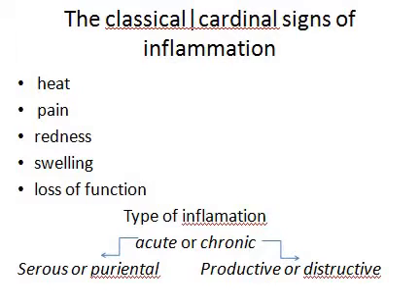On the other hand, chronic inflammation is characterized by factors of reparation and healing. Therefore, while acute inflammation is exudative, chronic inflammation is productive. Understanding this difference between these types of inflammation is important for treatment.